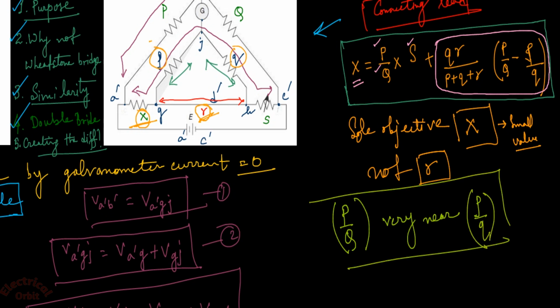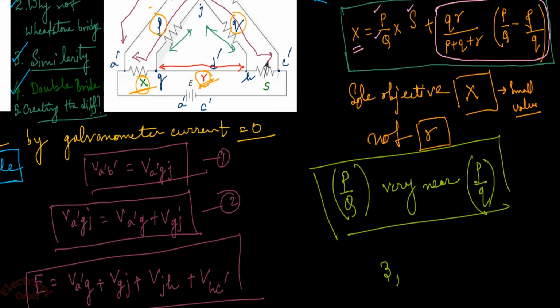This is the trick. See, if the ratio of this capital P by capital Q, that is the resistance of the outer arm, is suppose 3 and the small p and small q ratio is 2.9 or 3, then these two values subtracting each other are creating the value equal to 0. Anything multiplied by 0 is equal to 0.